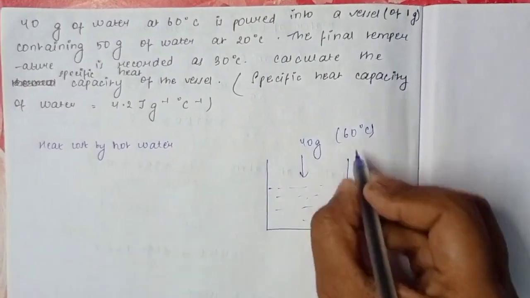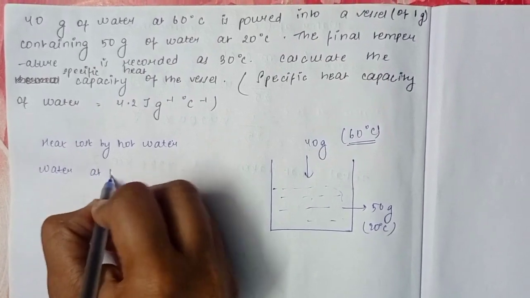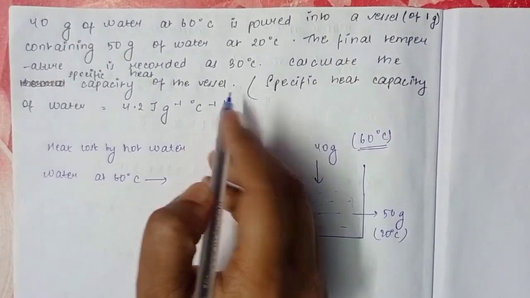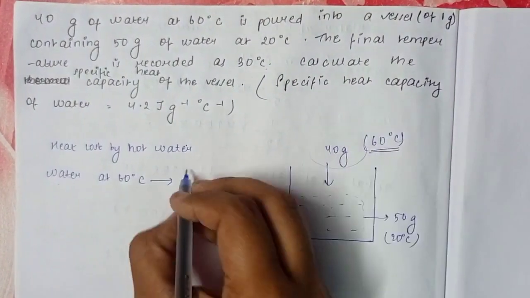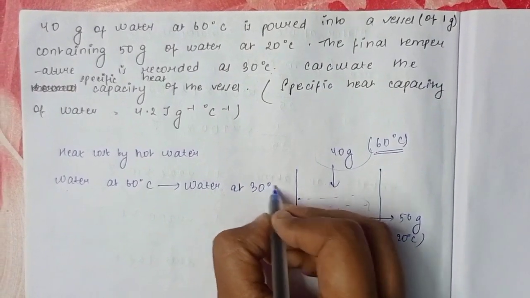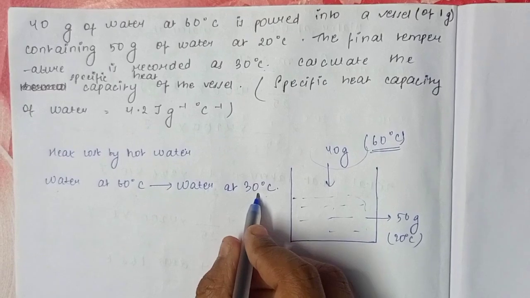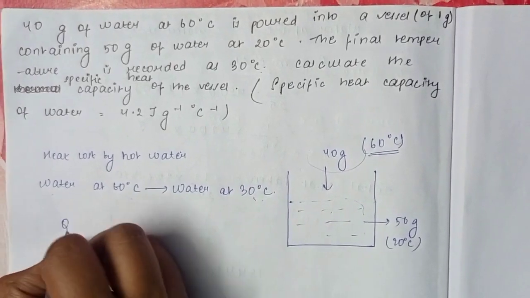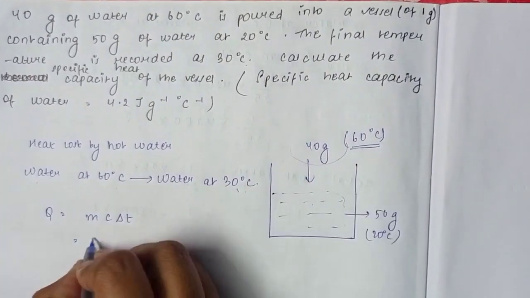So this water at 60 degrees Celsius was converting finally. What is the final temperature? It is 30 degrees Celsius. So water at 60 degrees Celsius was converting to water at 30 degrees Celsius. So see, temperature difference is occurring. So we will use the formula for specific heat capacity. The heat is mc delta T. The mass of water was 40 gram.